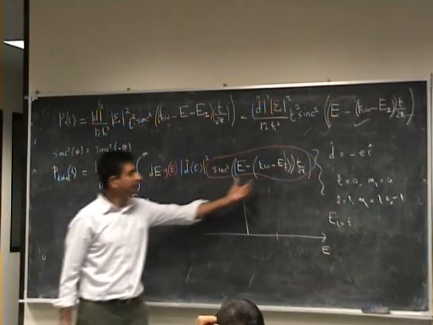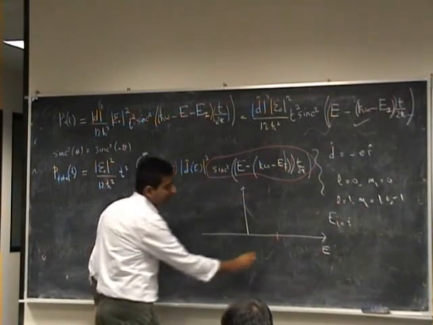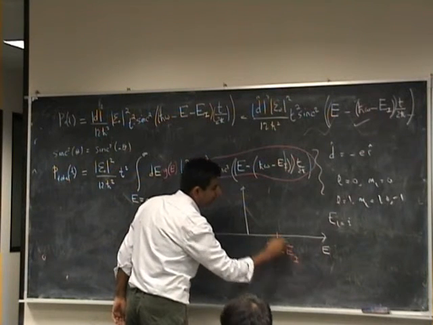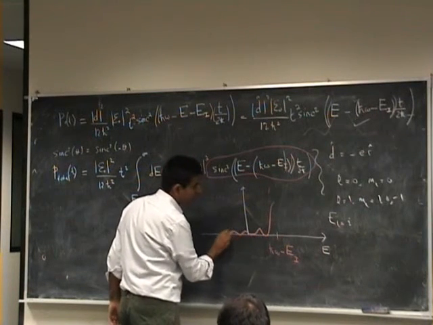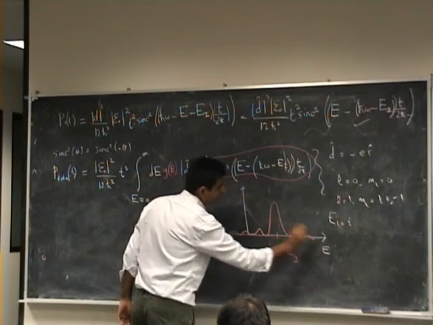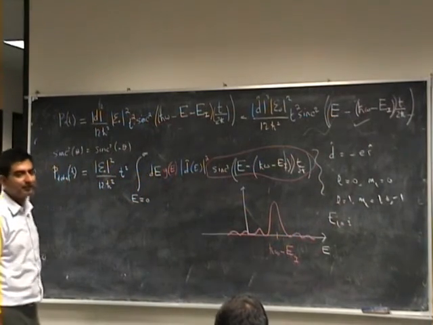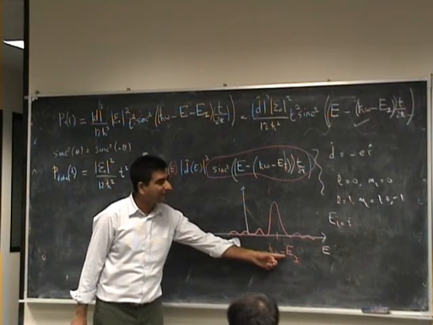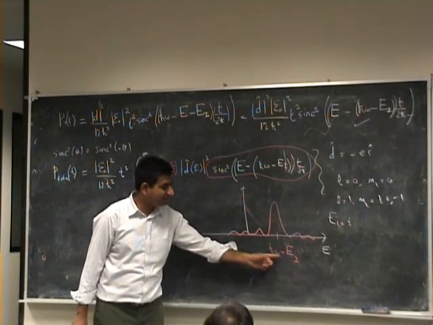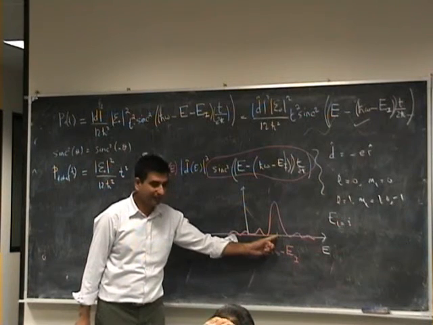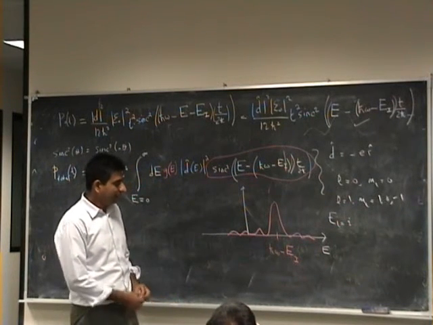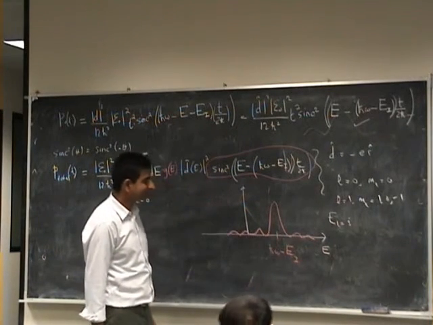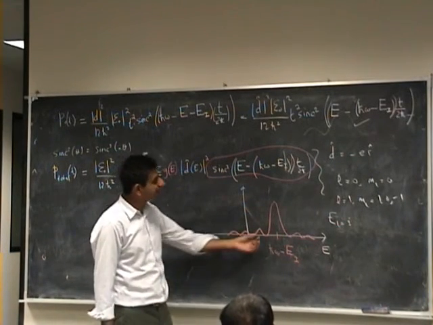It will peak when E equals this factor, so it will peak here, at h bar omega minus E_I.